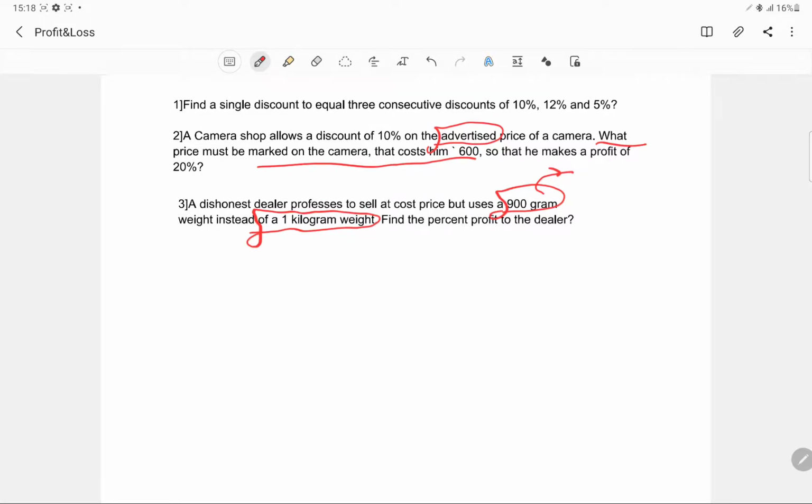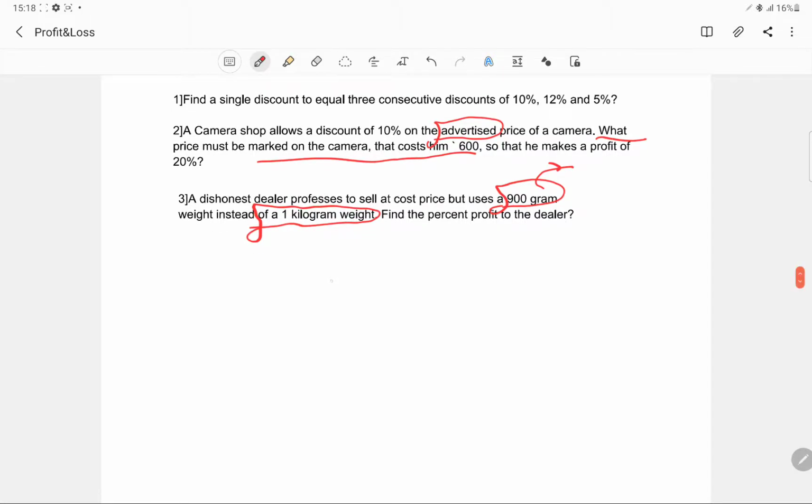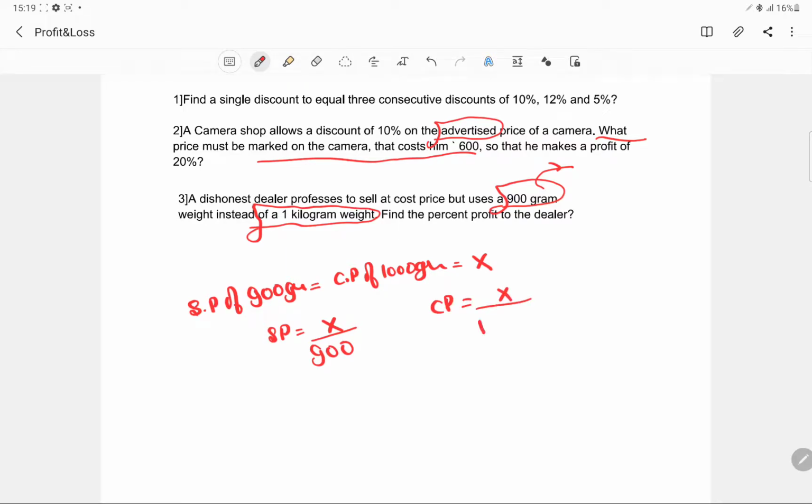A dishonest dealer professes to sell at cost price but uses a false weight. The cost price of 1000 gram, what it actually costed him, say X, but he ended up selling 900 grams for the same price. So the selling price of 1 gram was X by 900, and the cost price of 1 gram was X by 1000. So this was the profit percentage he ended up making.